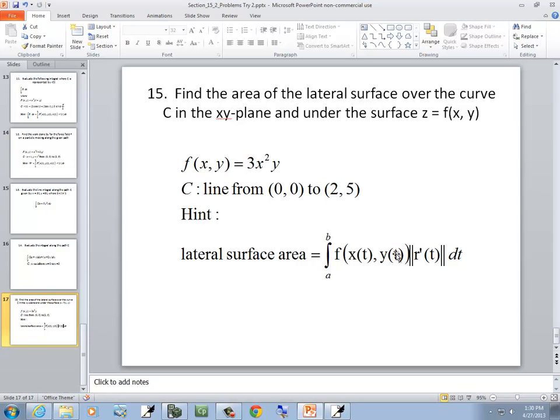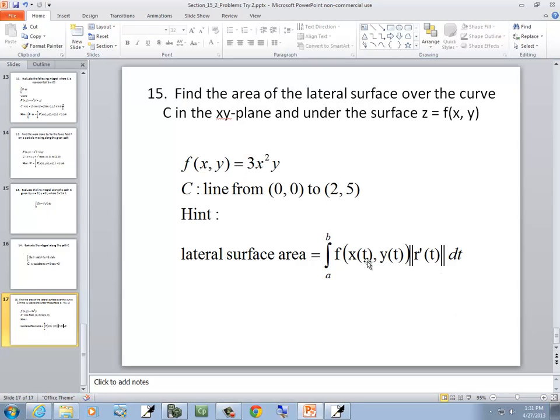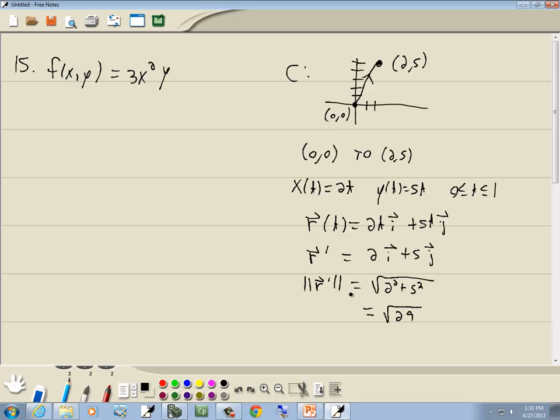Now for our formula here, we need r prime. Derivative of that is 2i plus 5j. And we need the magnitude of r prime, which is the square root of 2 squared plus 5 squared, which is square root of 29. We also need f of x y.